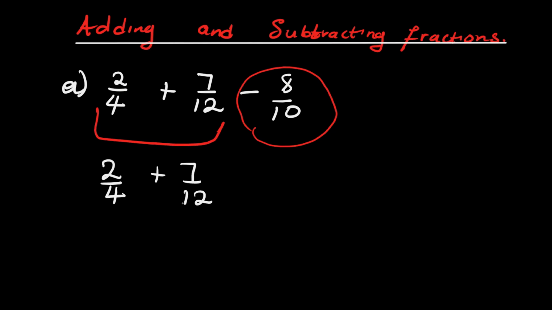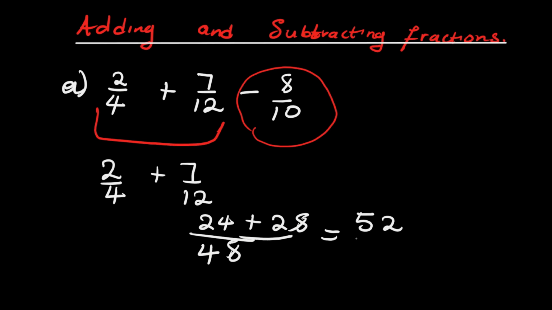The denominators are different, so we already know what to do. It's 4 times 12, which gives us 48. And it's 2 times 12, which is 24, plus 4 times 7, which is 28. 24 plus 28 is 52 over 48.